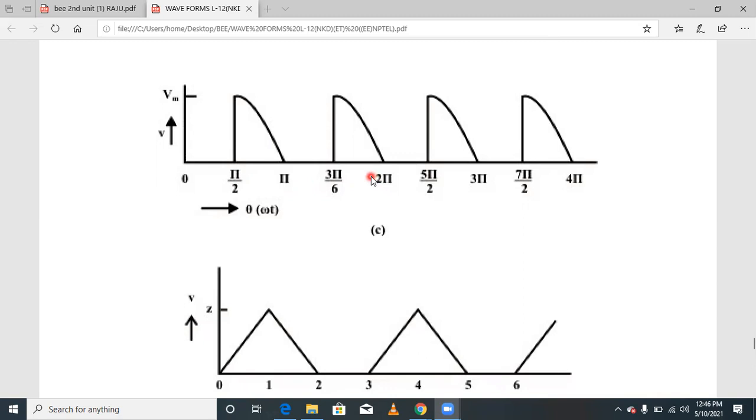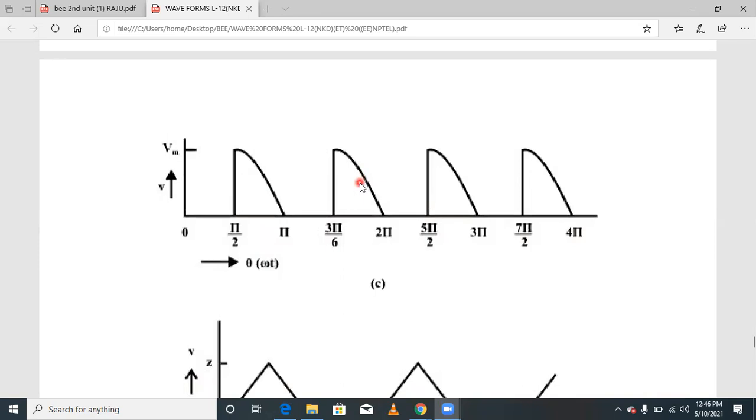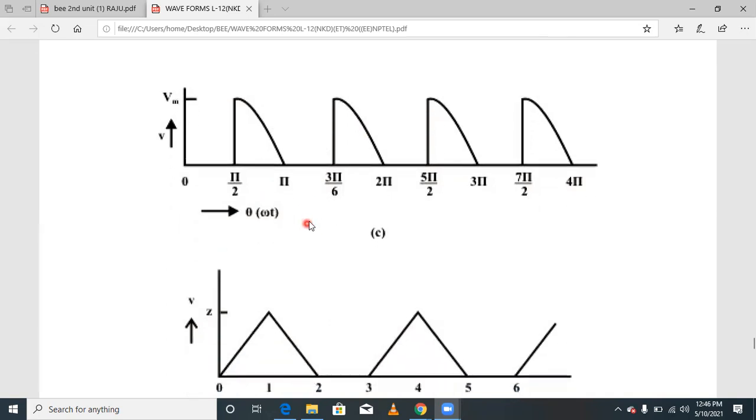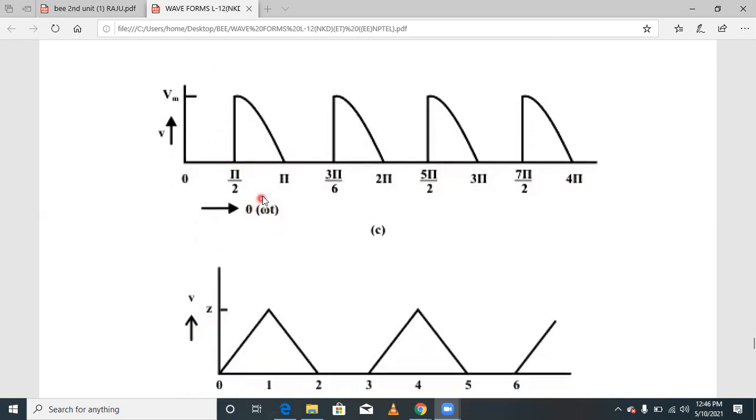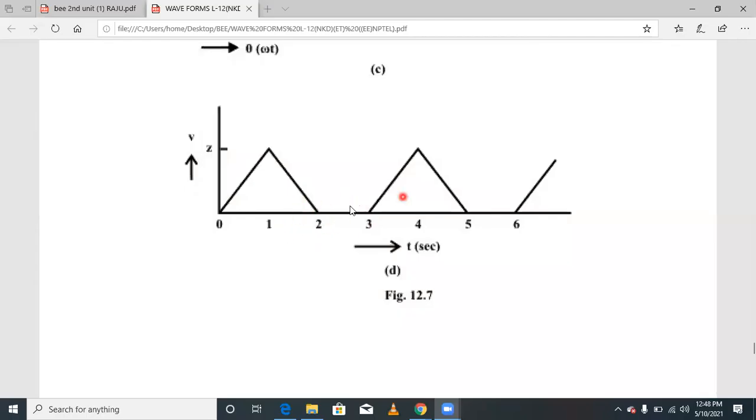If you know how to find the time period, then it is an easy problem. Solving this problem is very easy if you know the time period. By substituting these values, you will get the results. What is the time period in this triangular waveform?